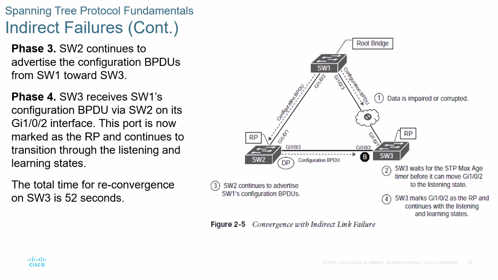Again, reconvergence is about 52 seconds. So again, there is a process to make sure that whether the link is fully down or partially down, data can still flow correctly.